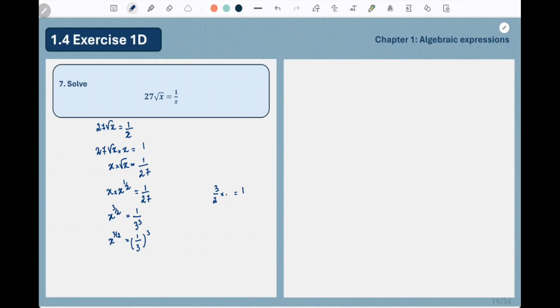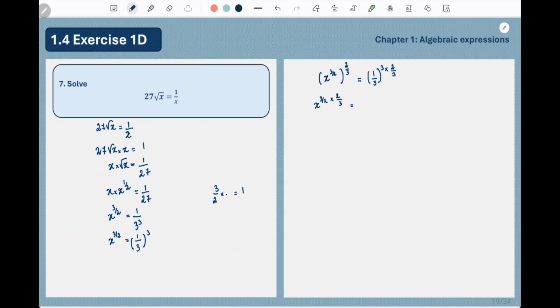And the reason I'm thinking this way is because I want to raise everything on the left-hand side and the right-hand side to the power of 2 over 3, okay? And you know from the previous videos when we covered the law of indices, when you have this type of bracket, it can be simplified to 2 over 3, okay?